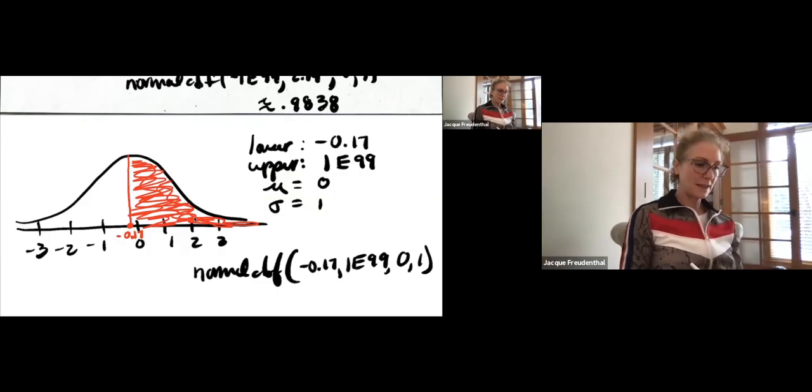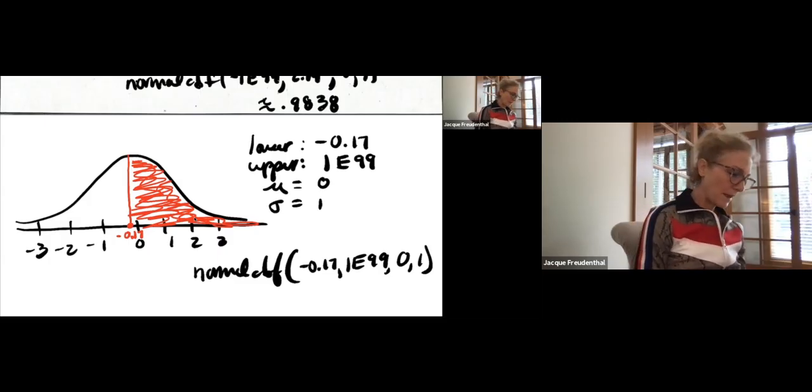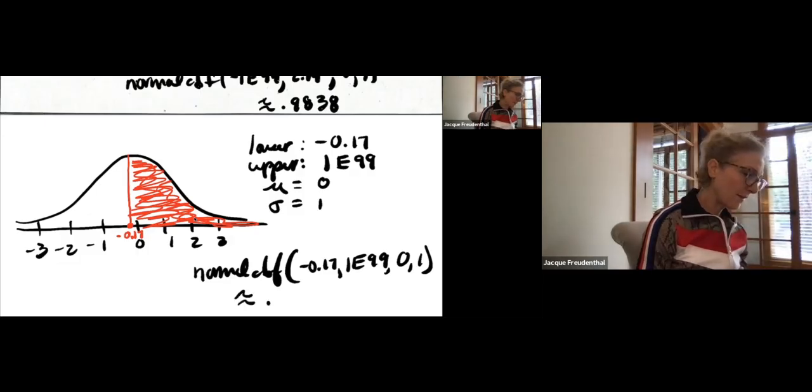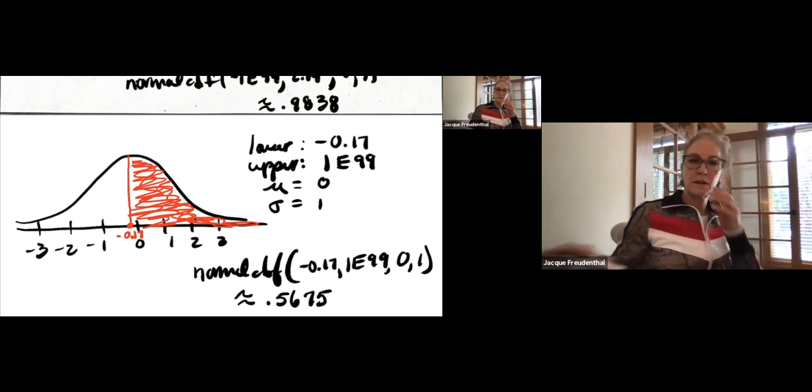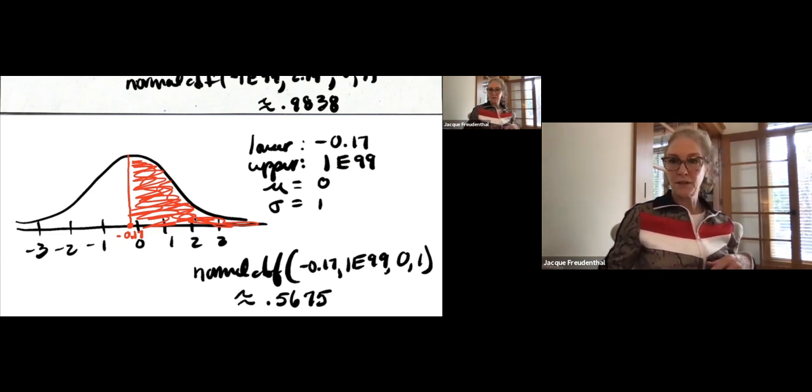When you paste that in and press enter, I'm expecting a little more than 50%. So this is approximately 0.5675, which makes sense with what my graph is showing.